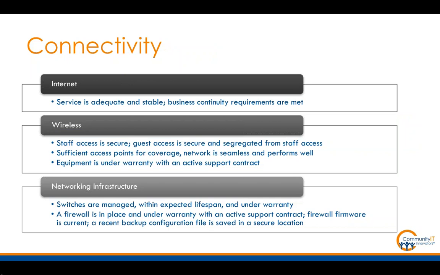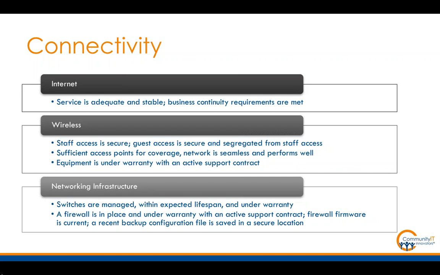All right. So connectivity, pretty much every business these days needs some sort of connection to the internet. It varies a lot between organizations, how much bandwidth you might need, for example. But the main goal is you should assess your internet connection, your business processes, make sure that the service is adequate for what you're trying to do, and the connection is stable.